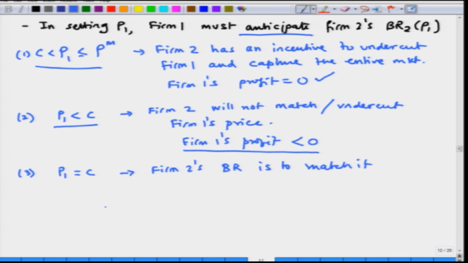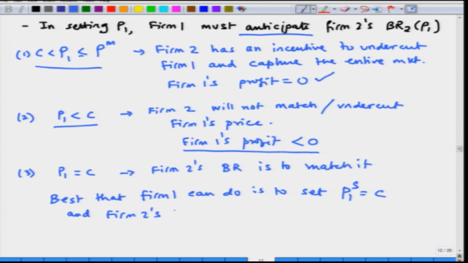So, the best that firm 1 can do is to charge a price which is equal to marginal cost, and firm 2's best response is essentially to match it, right. So, the best that firm 1 can do is to set P1 equals C, and firm 2's best response in stage 2 is to match it.